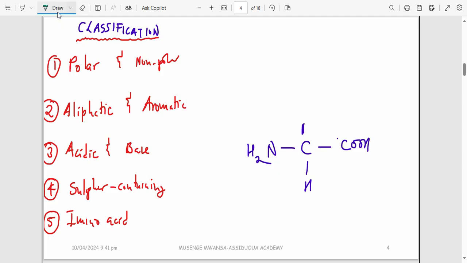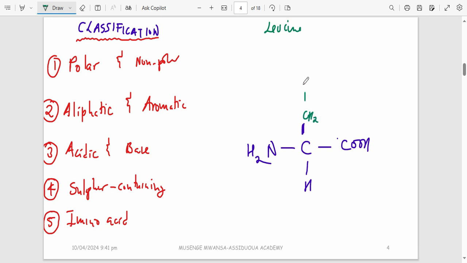Okay, good. Let's talk about leucine. So these are the 20 amino acids we are talking about. Leucine has got an isobutyl group. So it has got CH2, CH, CH3, CH3. Do you think this is polar or non-polar?